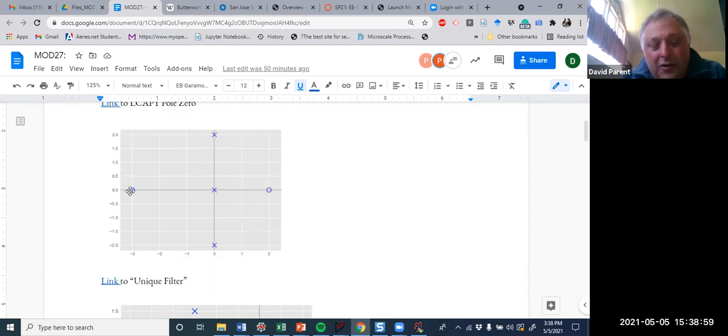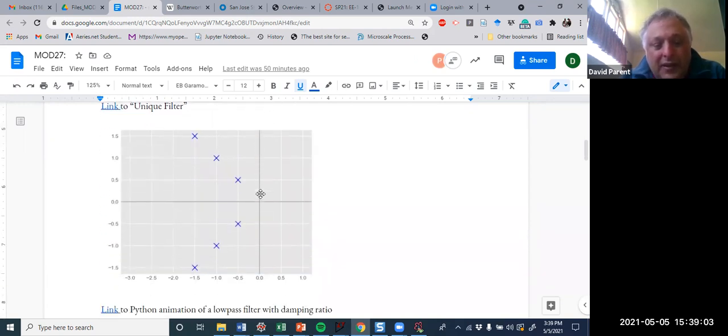And then there's a 0 on the left-hand side and a 0 on the right-hand side. Now, in the homework, I'm asking you to come up with your own algorithm, okay? And here's one. I start off here, and I'm just taking a linear line back. This is at a half, this is at a half. So this is 0.5, 0.5, 1, 1, 1.5, 1.5.